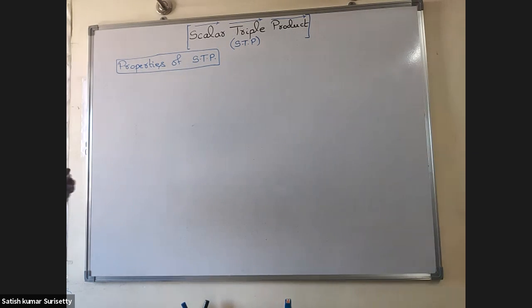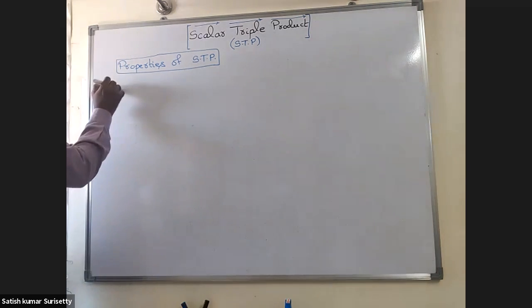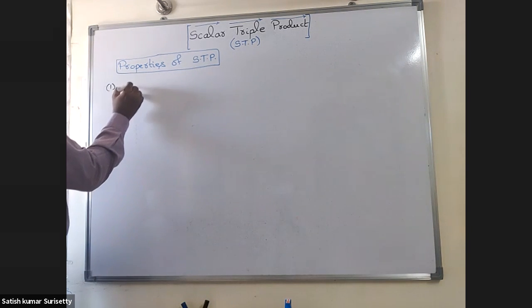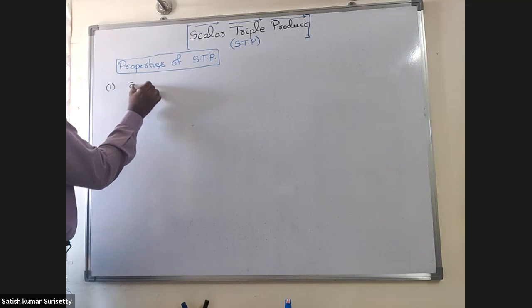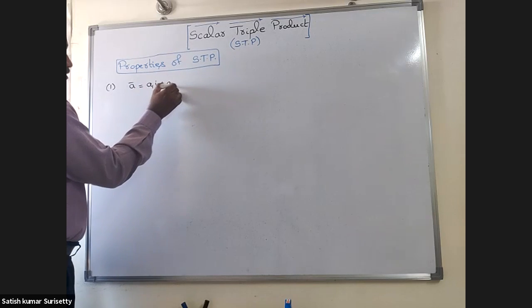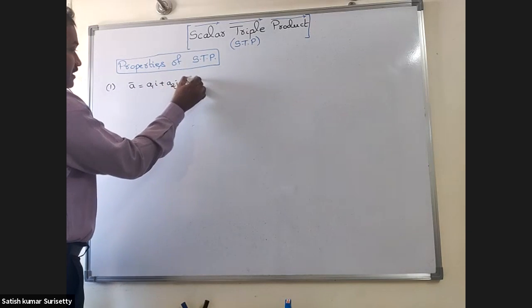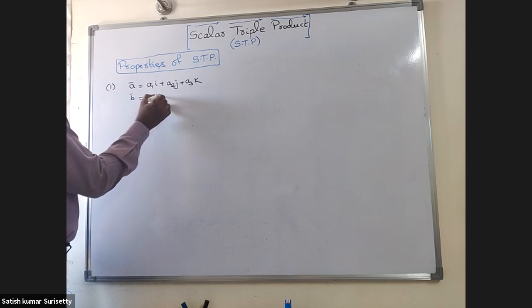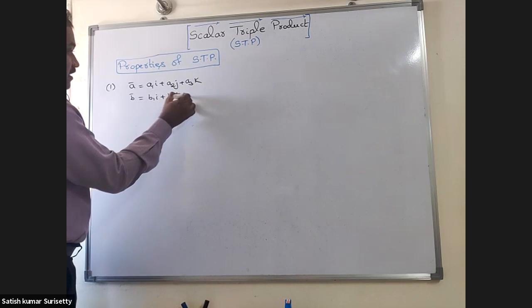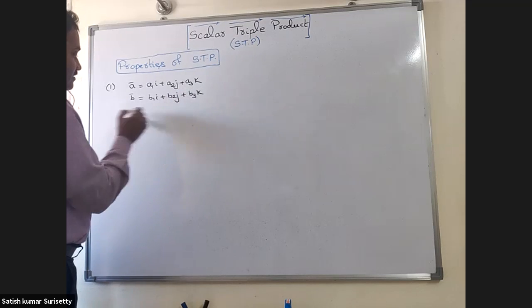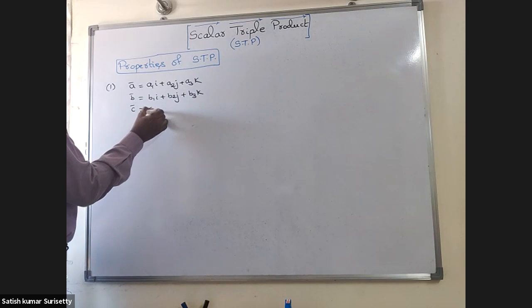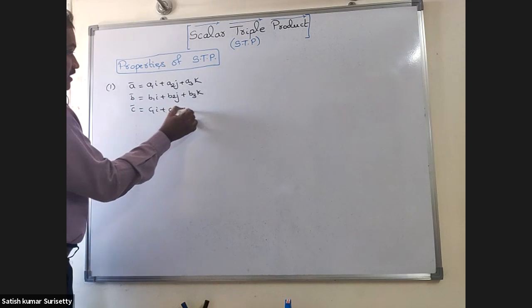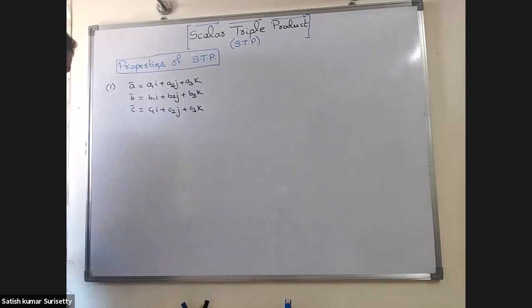Properties of scalar triple product. Let A bar equal to A1i plus A2j plus A3k, B bar equal to B1i plus B2j plus B3k, C bar equal to C1i plus C2j plus C3k.